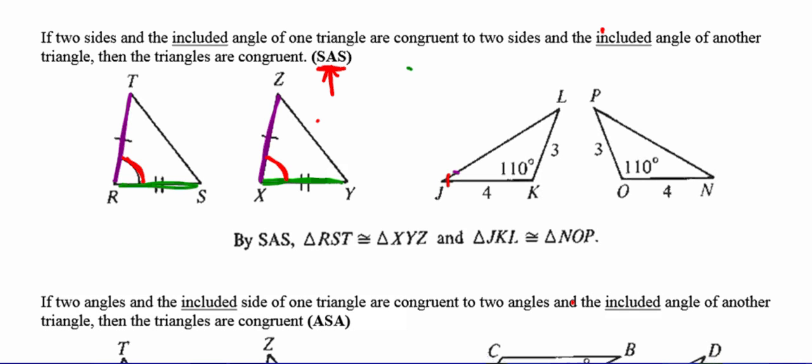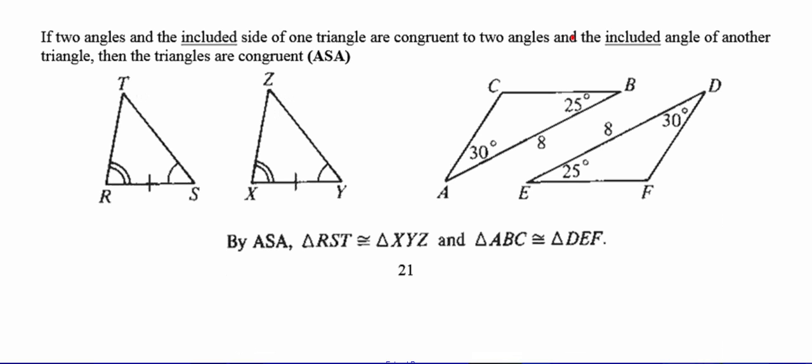If we had an angle other than that joining the purple and green, in other words, if this were our pair of angles here and here, we wouldn't have side angle side because we wouldn't have the angle that joins the purple side together with the green side. So that's really, really important that we have the angle that joins our pairs of congruent sides together. And that condition is known as side angle side.